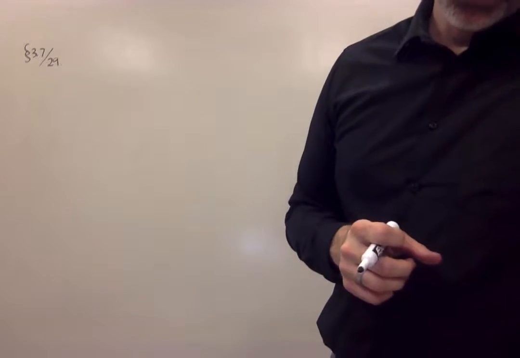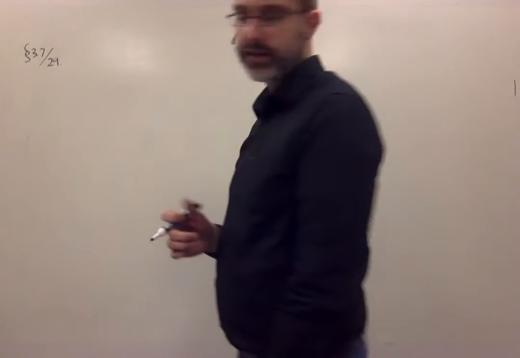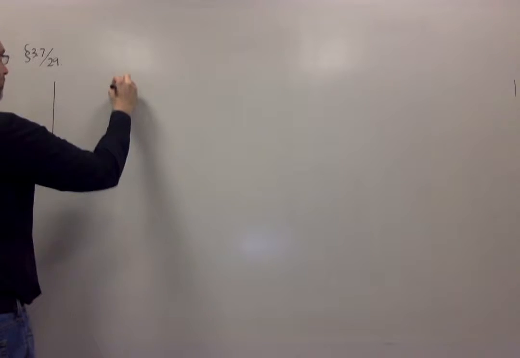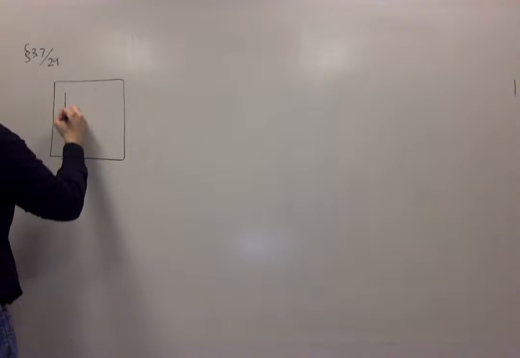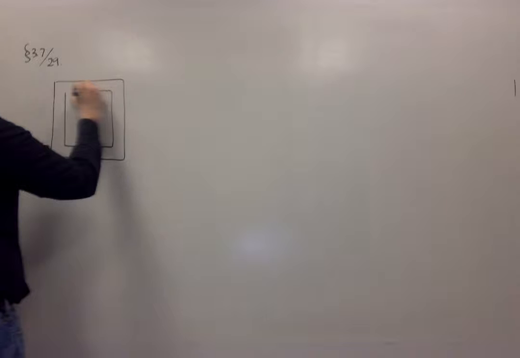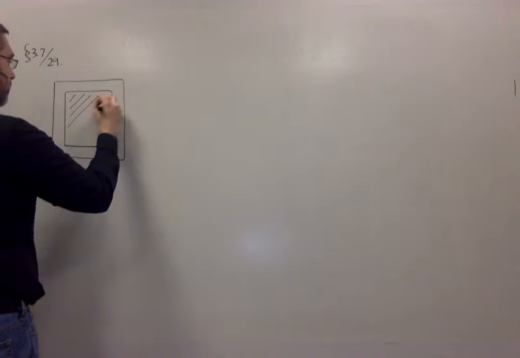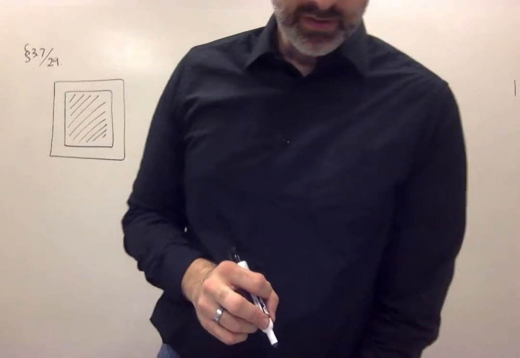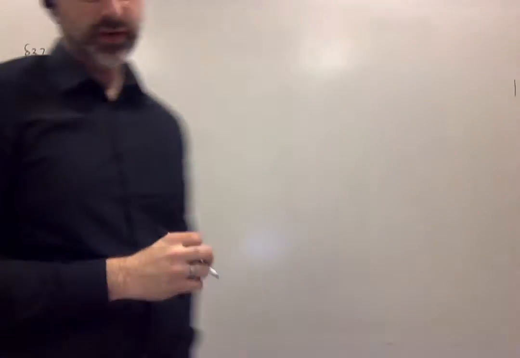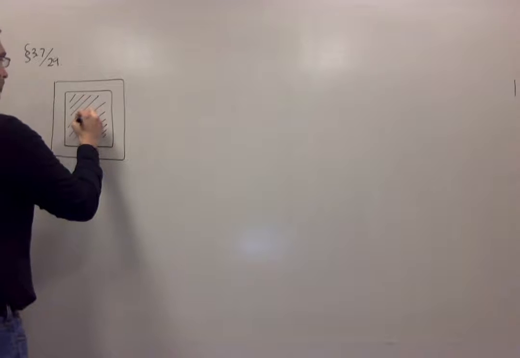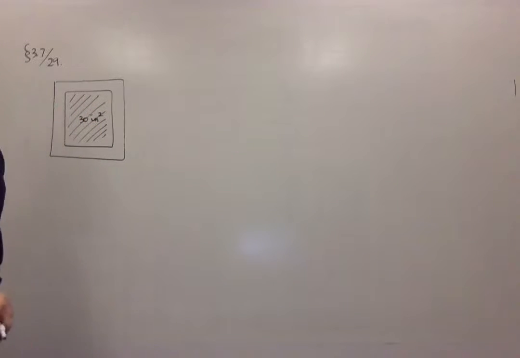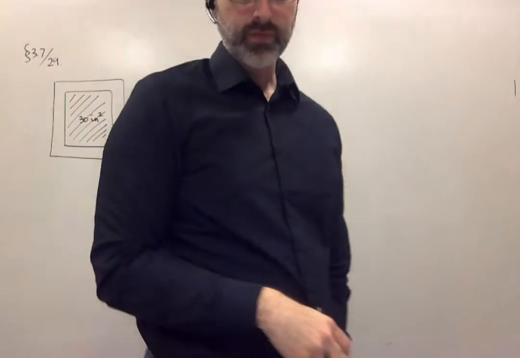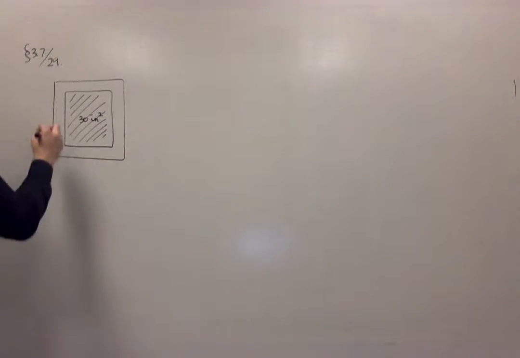So we've got a rectangular page, and it needs to contain, so let's draw our rectangular page. Okay, we've got a rectangular page and it needs to contain 30 square inches of print, and we need a margin of 1 inch on each side.